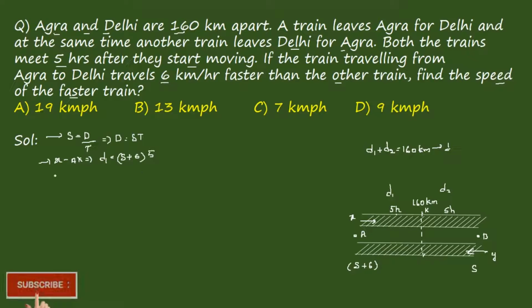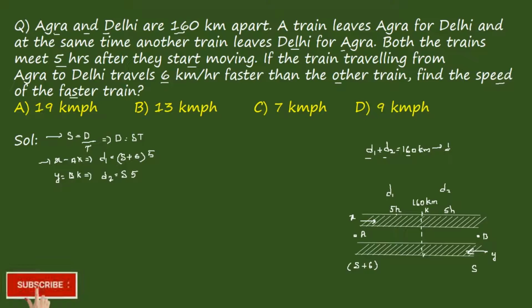If you consider Y, it is moving from B to K. Then the distance is D2, speed is S, and time taken is 5 hours.